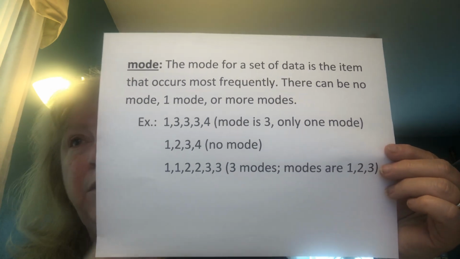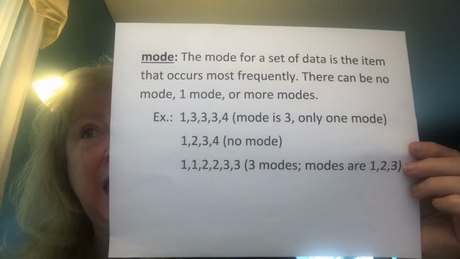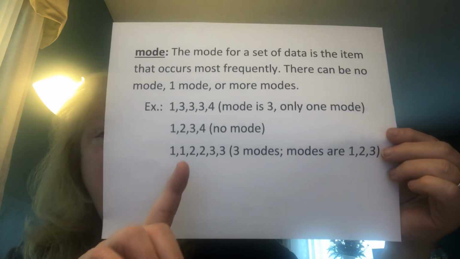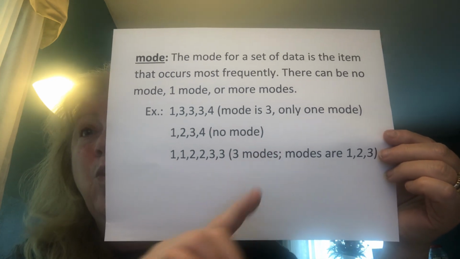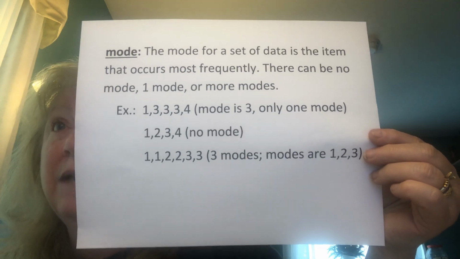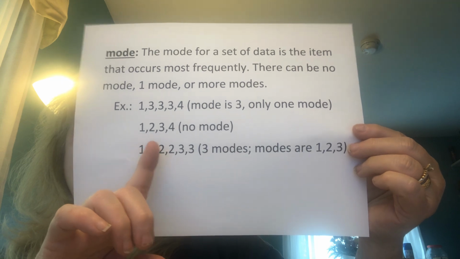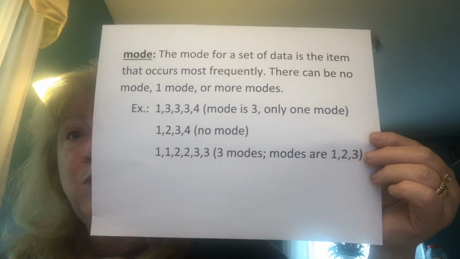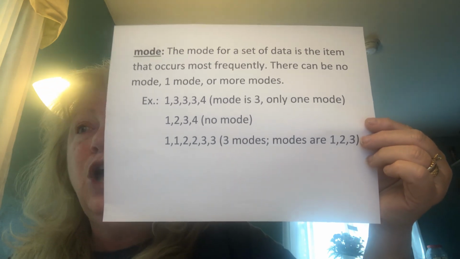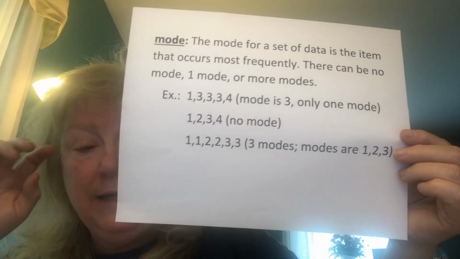A whole bunch of people gave different responses and none of them were repeated. If that's the case, then there is no mode. But if you have a couple of responses that were repeated the same number of times, like in this case, 1 came up twice and 2 came up twice and 3 came up twice, well then in this case, there are 3 modes. So the number of modes can change depending on your data set.